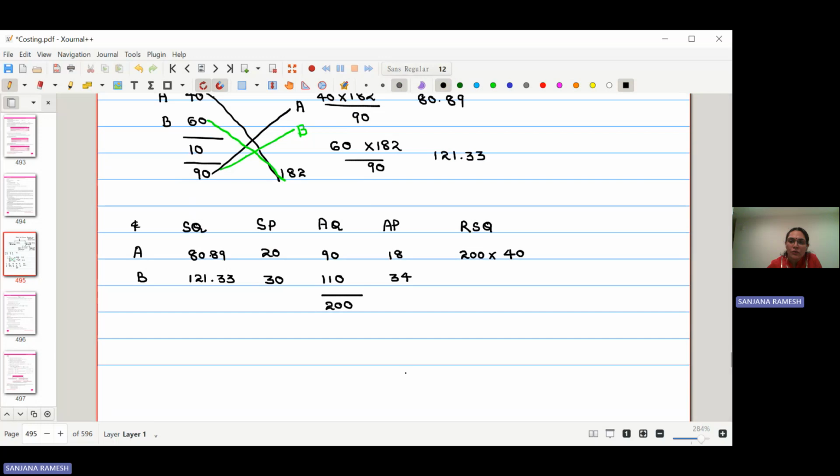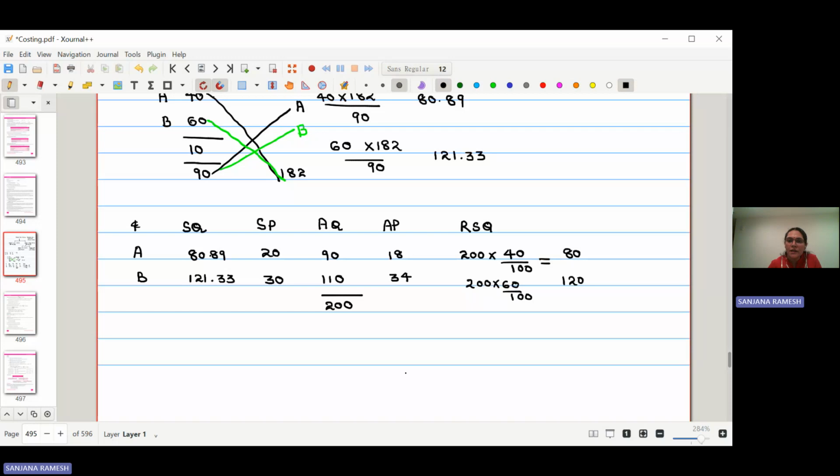So it will be coming as 200 into 40 divided by 100, and in this case, it will be 200 into 60%. So this is the revised standard quantity.